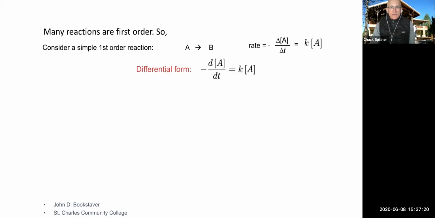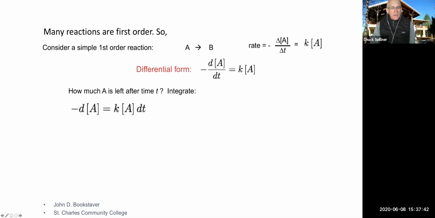If we change this into the differential form, it looks like this: minus dA over dt equals kA. And so if we want to see how A changes as a function of time, we'd rewrite it to look something like this. This is a differential equation showing the change in A as a function of time, and it is a differential equation that we can integrate.